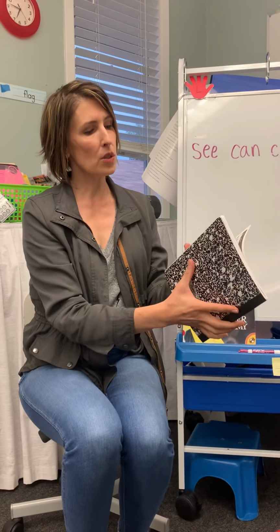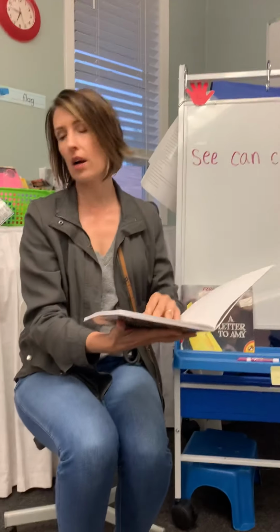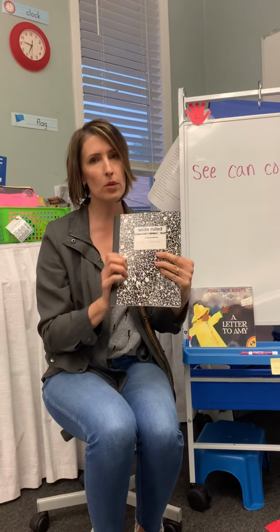All right, so now part of our job is going to be to open up that writer's notebook that you have and turn to the first page that doesn't have any writing.